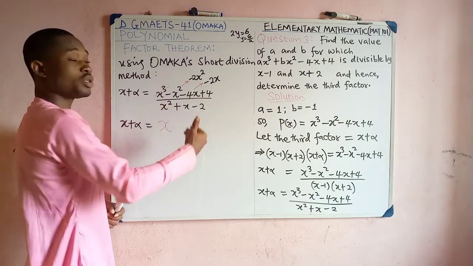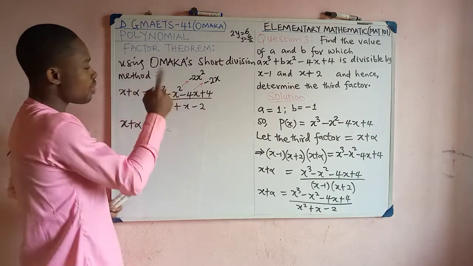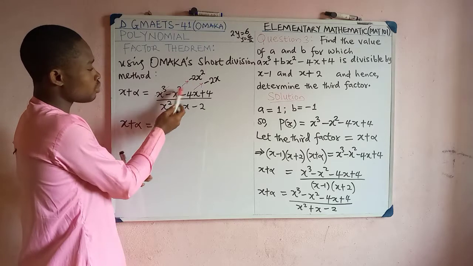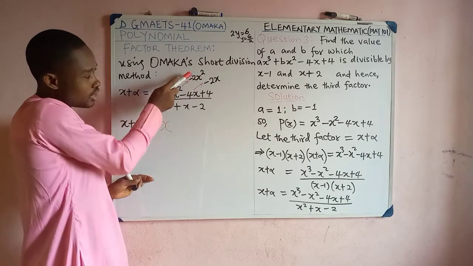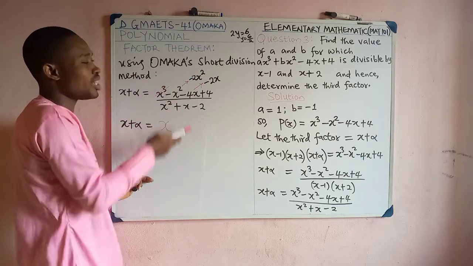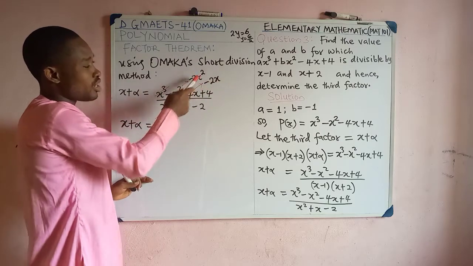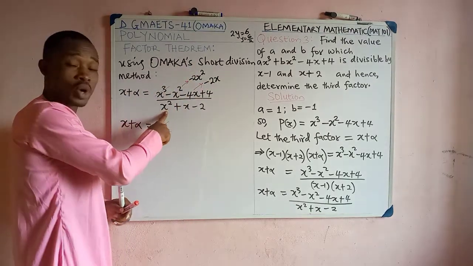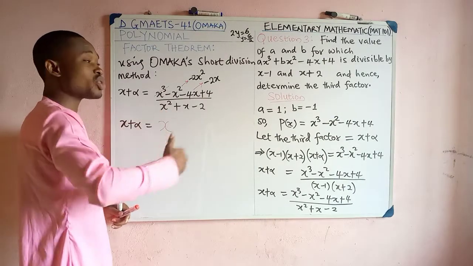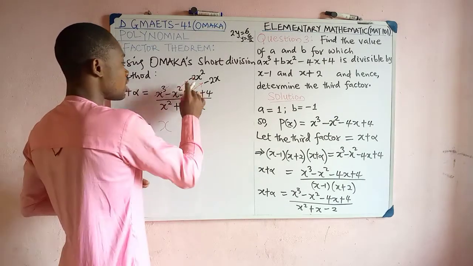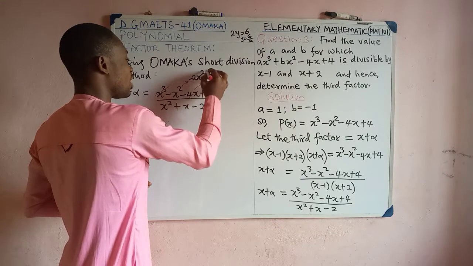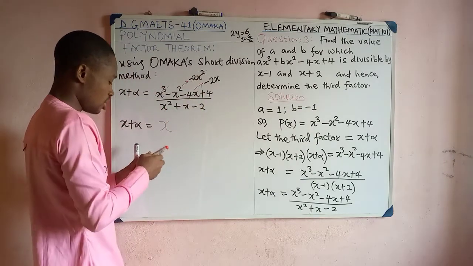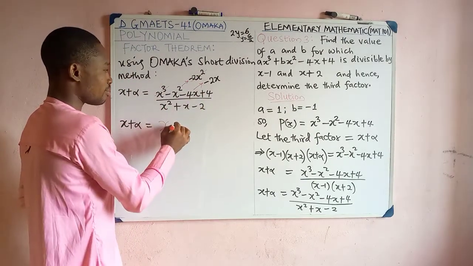So the next thing we're going to do is to repeat the process. The numerators now, this one produced this, so this is gone. This one will now have minus 2x squared. The highest degree of the remainder part here is this x squared. Now the denominator, the highest degree is also x squared, is that not so? So you can still divide. I'll come over here, minus 2x squared divided by this x squared. The result will give me what?